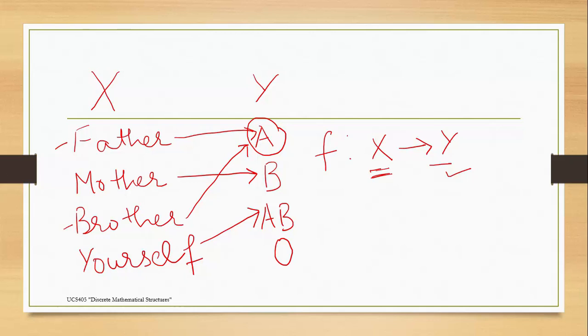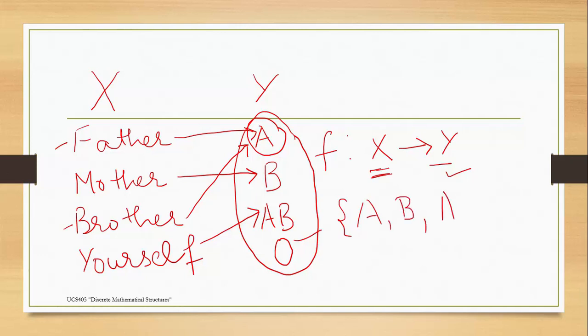First of all, the codomain of the function: the complete set Y is the codomain of the function, that is A, B, AB and O. But O is not the image of any member from set X. So the range of this function is A, B and AB. But if we talk about the codomain of the function, then the codomain will be the complete set Y, that is A, B, AB and O.